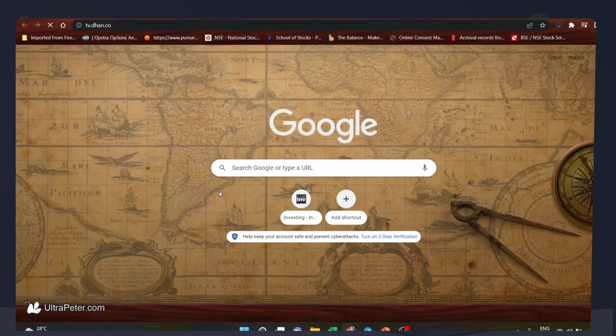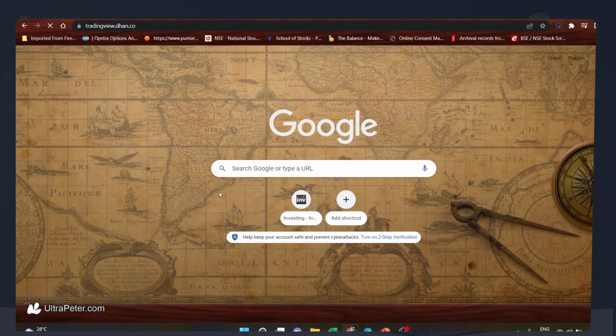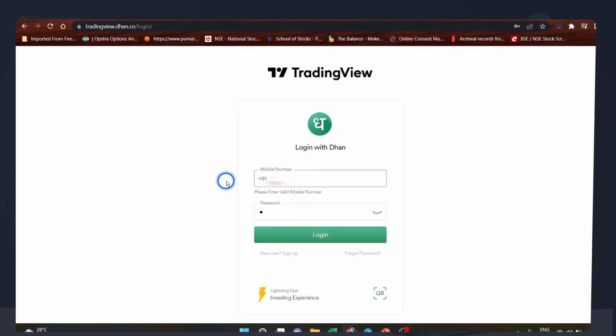Now let's log into the Dhan platform and try to use the indicators to plot the support, resistance and trend lines. So I'll open tv.dhan.co and log in with my login credentials which I have on my Dhan account.